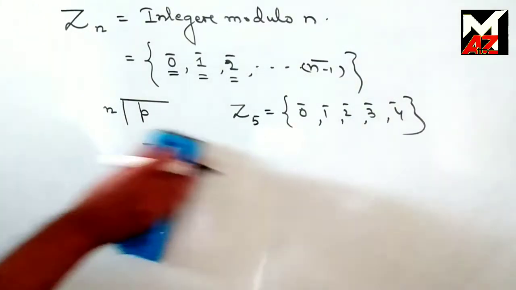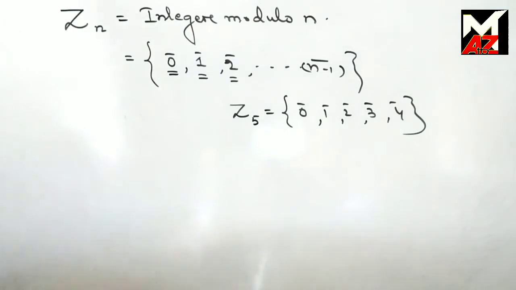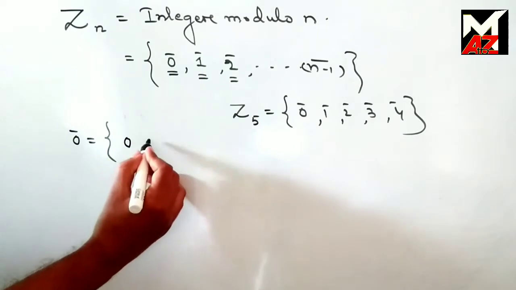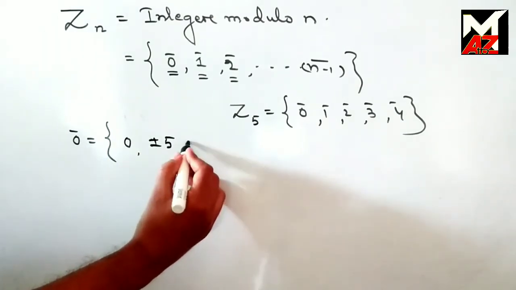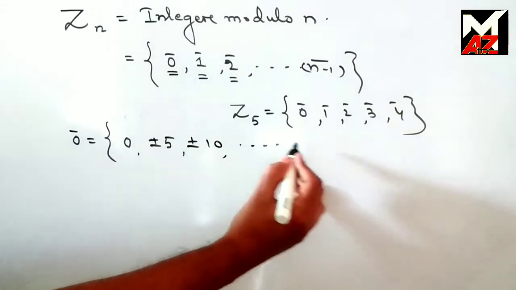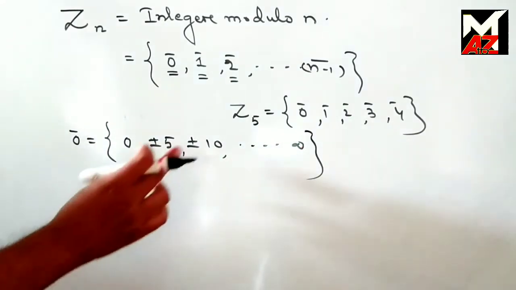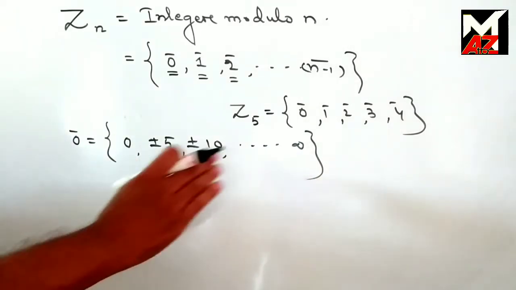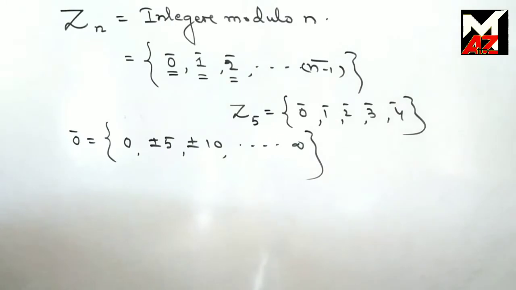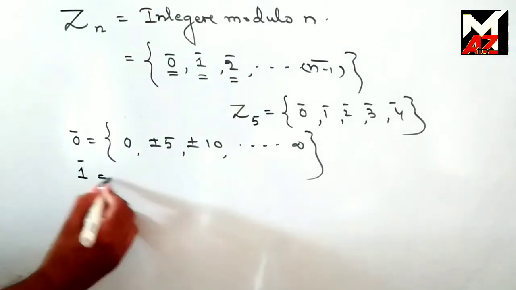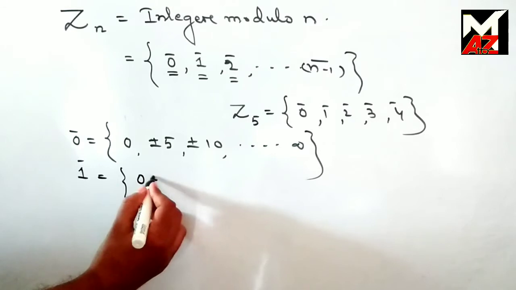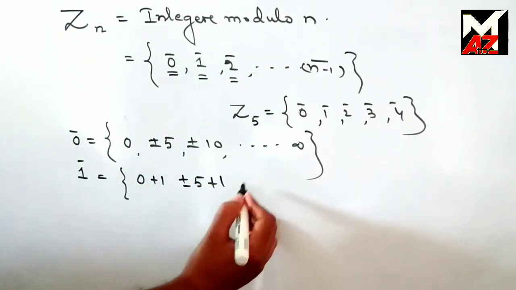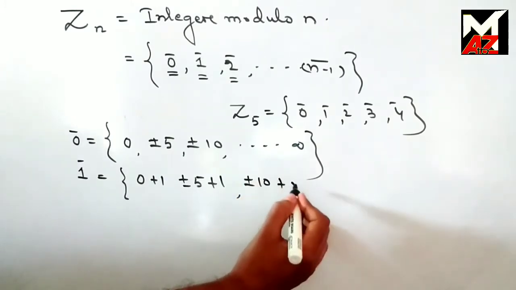And if we wish to write the 0 class, then it is 0, 5, minus 5, 10, minus 10 and so on to infinity, because if we divide 10 by 5, then the remainder is 0, and all these elements give remainder 0. Similarly, the 1 class is 1, 6, minus 4, 11, minus 9 and so on.